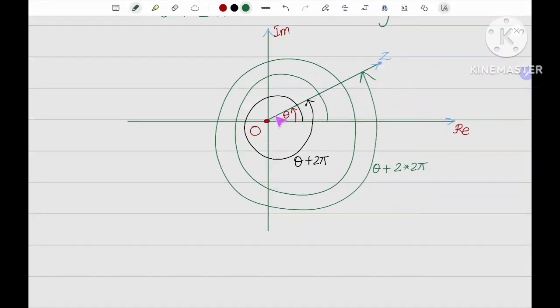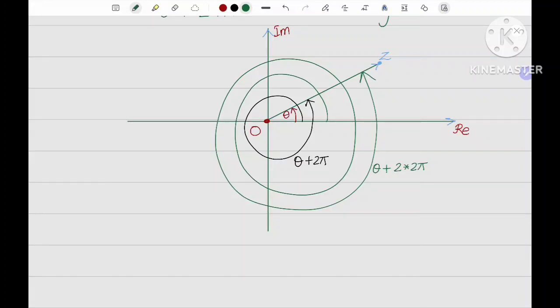So basically I have to reach this line by rotating this real axis, and the angle that I will get will be the argument. Similarly, I can rotate in clockwise direction, and the angle will be theta minus 2 pi, theta minus 4 pi, theta minus 6 pi.